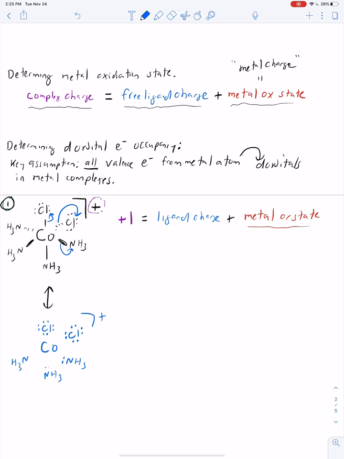You don't have to draw this really funky resonance structure. I mean for this to give you an idea of the mental exercise we're doing. When we talk about figuring out the free ligand charge, we're saying, let's pretend that the ligand takes the electrons from its metal ligand bond and then assign the charge.